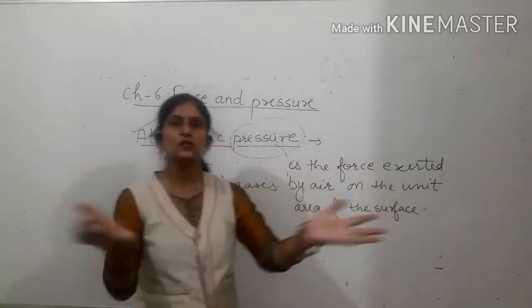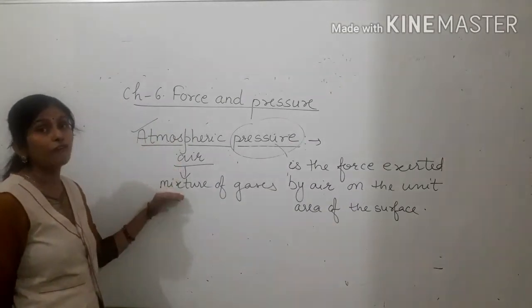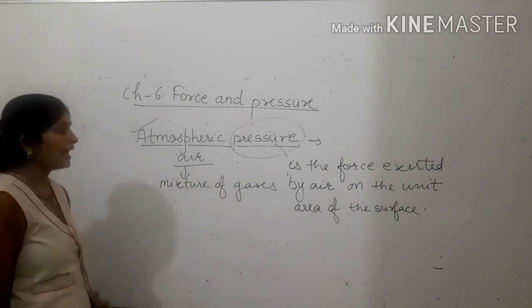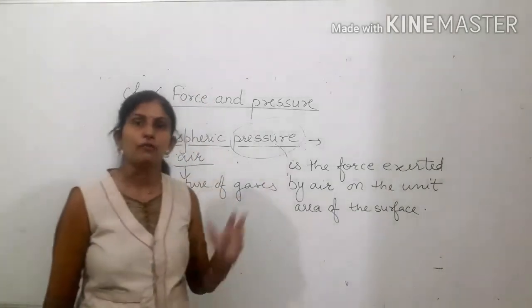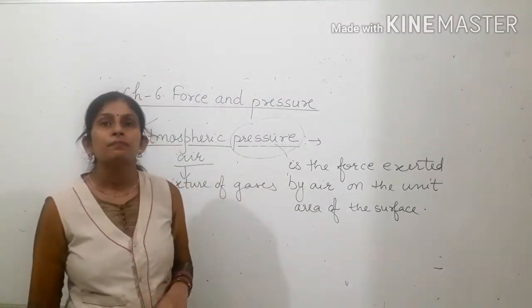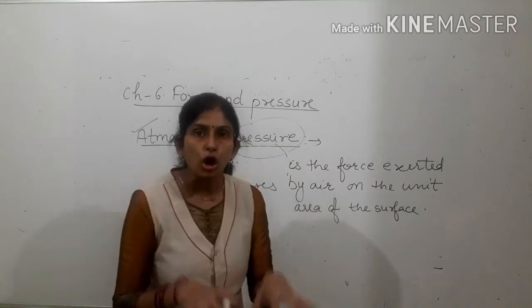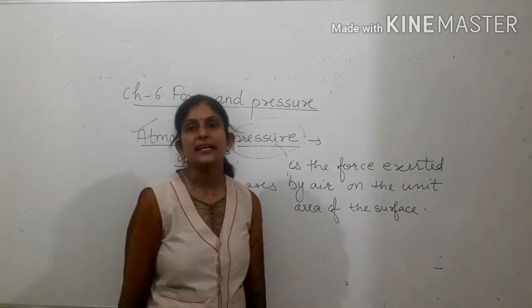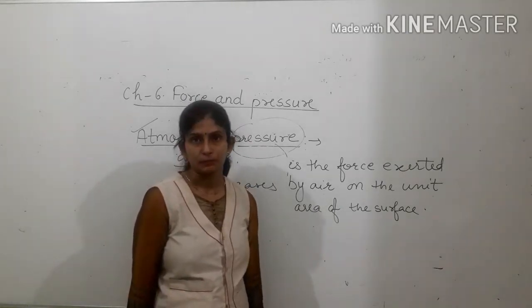So this atmosphere has air, and air is a mixture of various gases which have their weights. As per their weights, gases in the air, or I can say air, exerts pressure on all the objects on the surface of Earth, known as air pressure or atmospheric pressure.